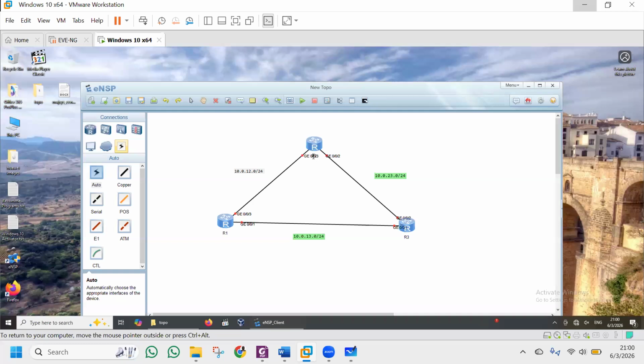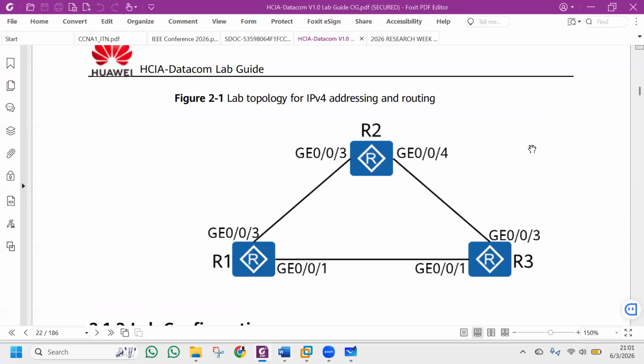Then we have, let me move this, Gig 0/0/3. This is 0/0/2. Can I change this? Or no. So this is the same as 0/0/4, Gig 0/0/0. It should be 4, I think. Then the other one is 0/0/3.